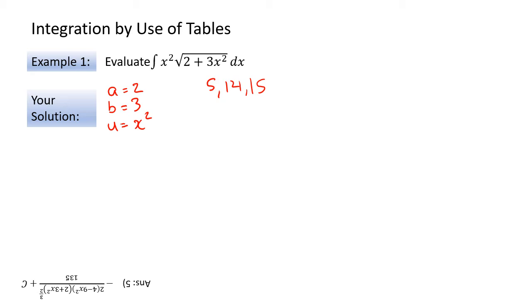As I go down further, you can see that on our next page of formulas, none of those, with the exception of 19 and 20, fall within that regard. But 19 and 20 both have a function to the exponent 3 over 2. So that doesn't work here because we have a square root. So a square root is actually to the exponent 1/2.